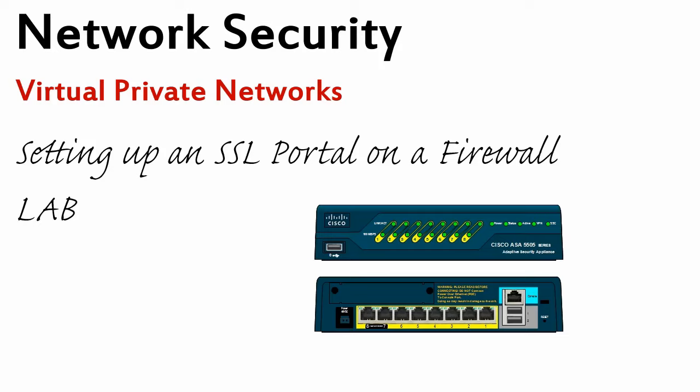It means we are going to start from scratch. There is absolutely no configuration on this firewall. All I did, I assigned an IP address, and I'll show you how easy it is to set it up and enable it on a pretty advanced and sophisticated ASA firewall.